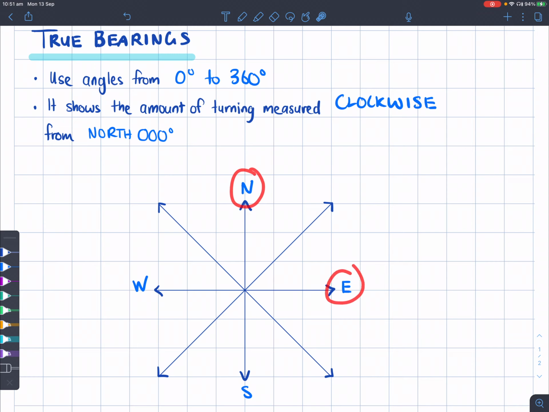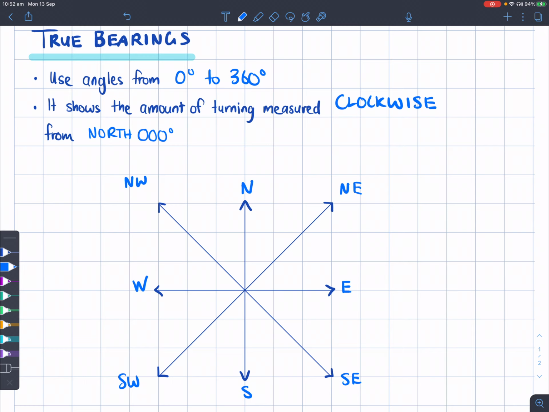Right between north and east is northeast. Between south and east, using the vertical direction first, is southeast. Between south and west is southwest. And between north and west is northwest.